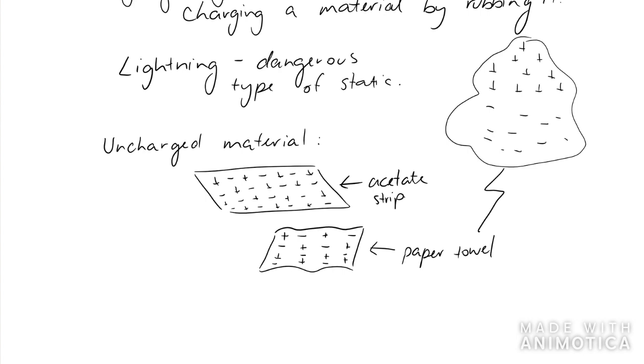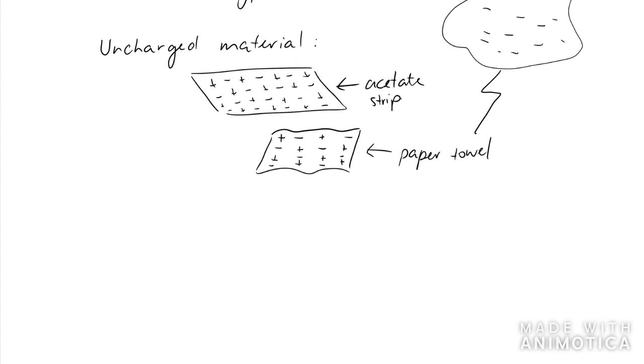When these are rubbed together, electrons are actually transferred from one of them to the other. Again, remember that the protons can't move. The protons will stay the same. But the electrons can move.